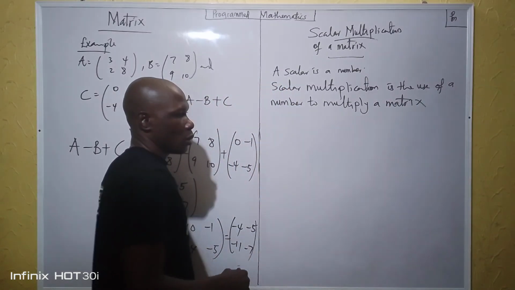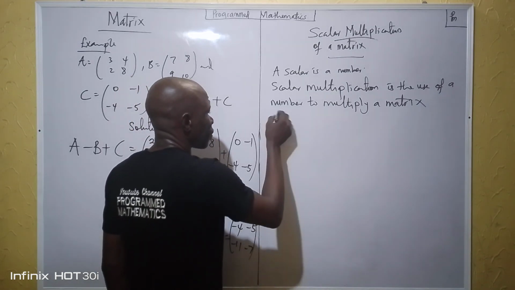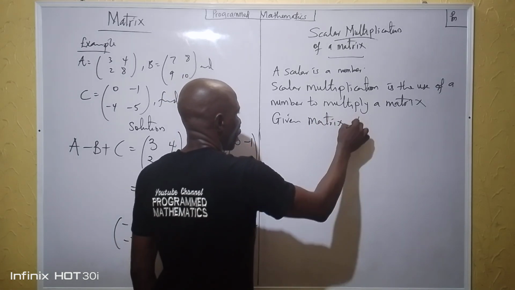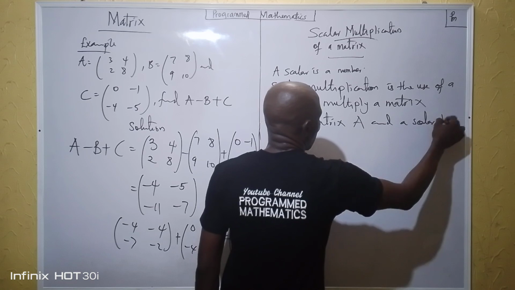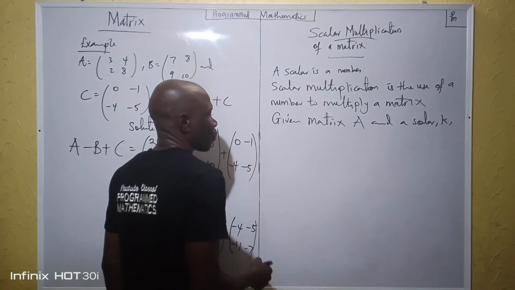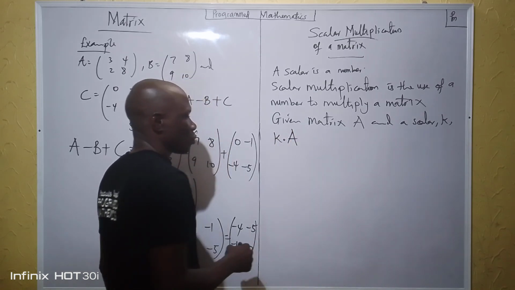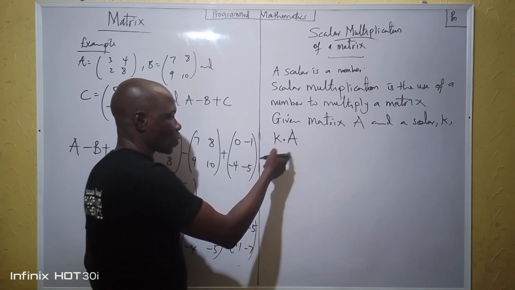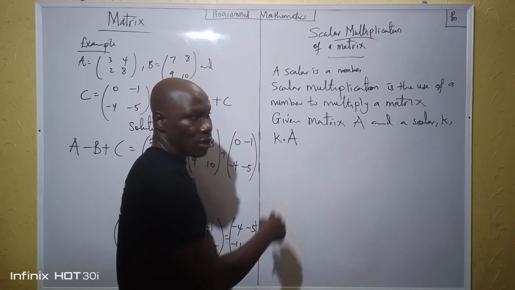Now let's assume that we are given matrix A and a scalar K. In this case, we can have K times A. The dot there is simply for multiplication. You simply write this as KA. So this KA is simply saying K multiplied by A.